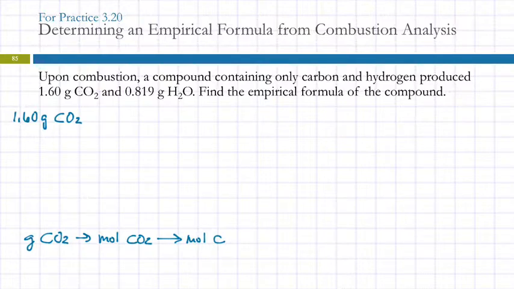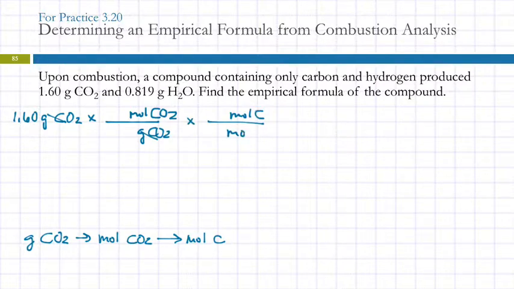Now you could convert that to grams of carbon, but then you'd have to convert it back to moles of carbon. So you can actually just stop here. So moles of CO2 over grams of CO2. Those units cancel. And then moles of carbon and moles of CO2. How many moles of carbon are in 1 mole of CO2? 1. So that's 1 to 1.